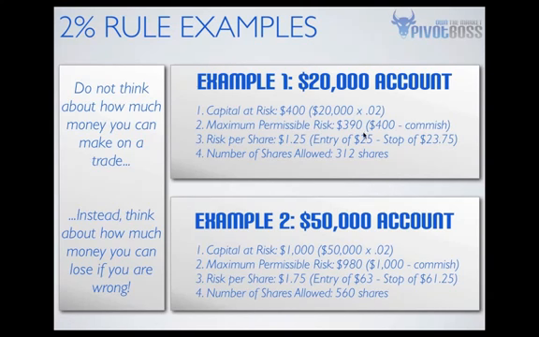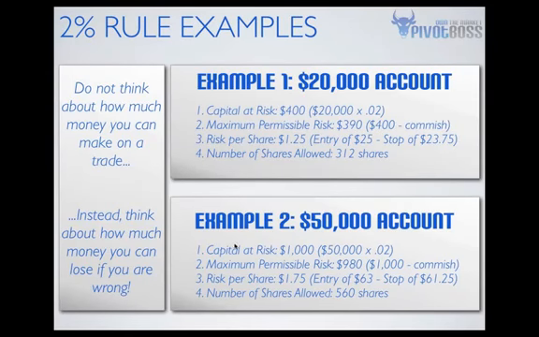Divide 390 by 1.25. That tells me that I can trade 312 shares, and if I stop out, I will lose $400. And that is exactly 2% of my $20,000 account. That's a solid approach to trading. If you use 1%, of course, that's even better. But that's how you calculate it.